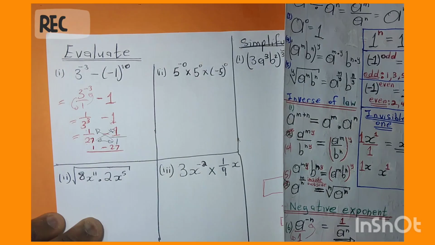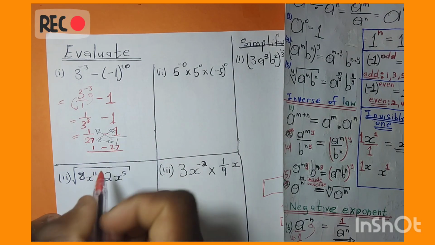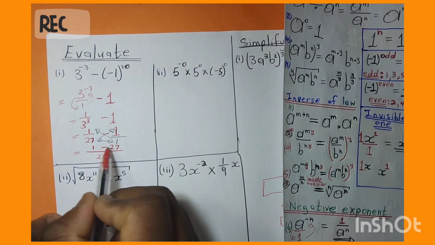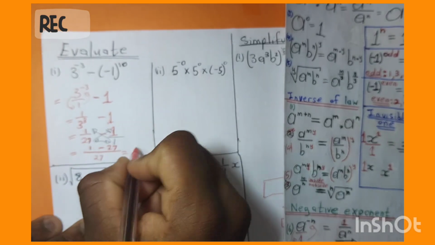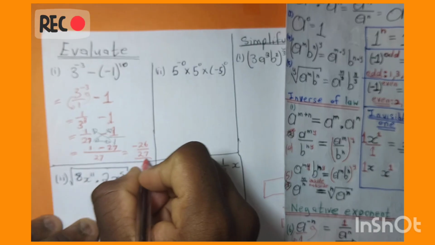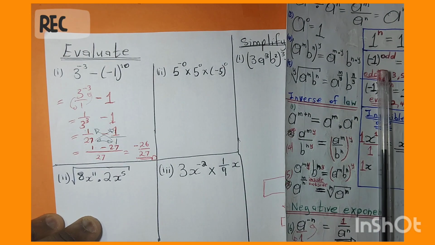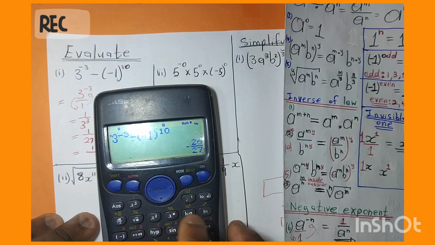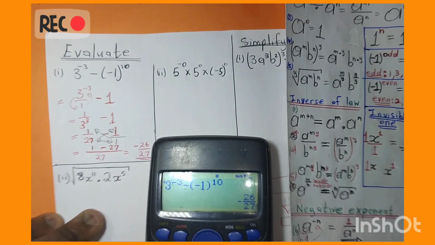And 27 multiplied by 1, still I get 27. Now when I press that on my calculator, it gives me -26 divided by 27. That answer is the one that I got here. Do you see? Yeah.